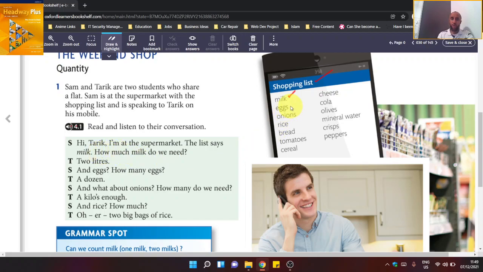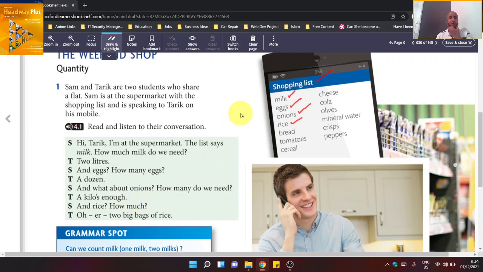When we talk about eggs, we use how many. You see, you have to look at the difference. When we talk about onions, again, we use how many. And rice, the last one they talked about, they use how much.